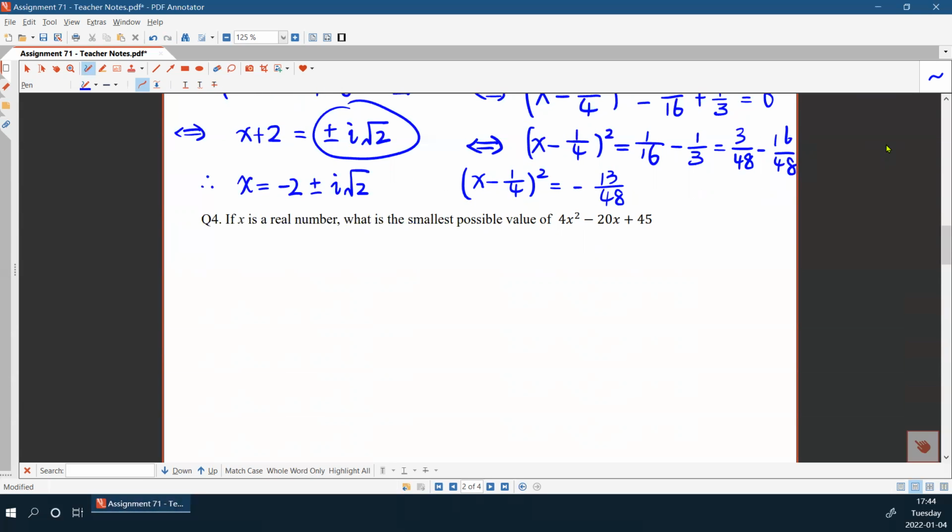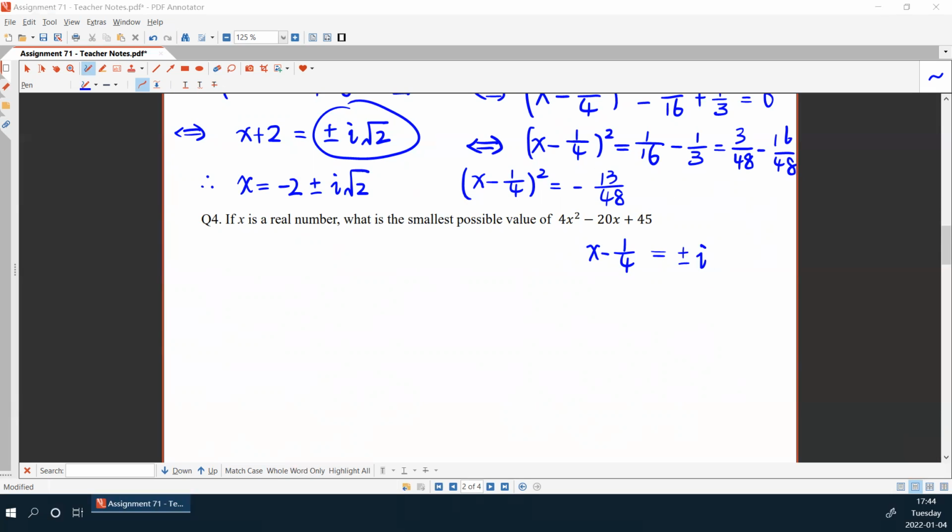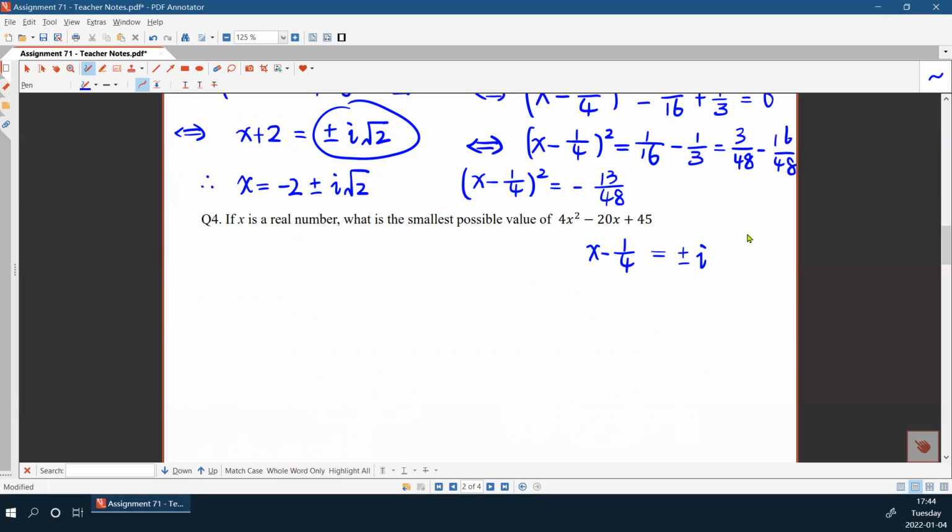All right, so can you tell me what x - 1 over 4 is? Again, something squared is a negative number, so we need to introduce i here, right? Okay, so it should be the square root of 13 over 48, but note here 48 contains a perfect square number, which is 16 times 3.